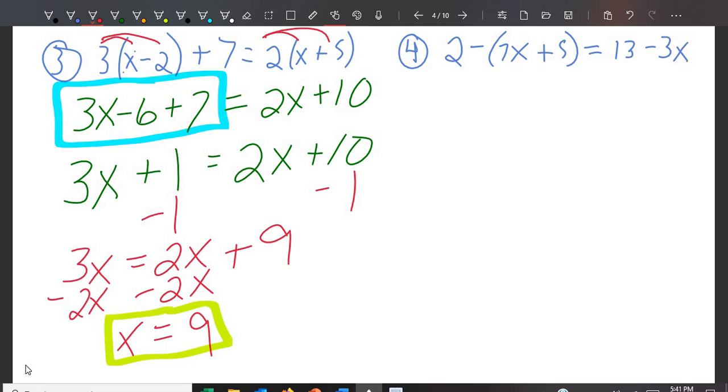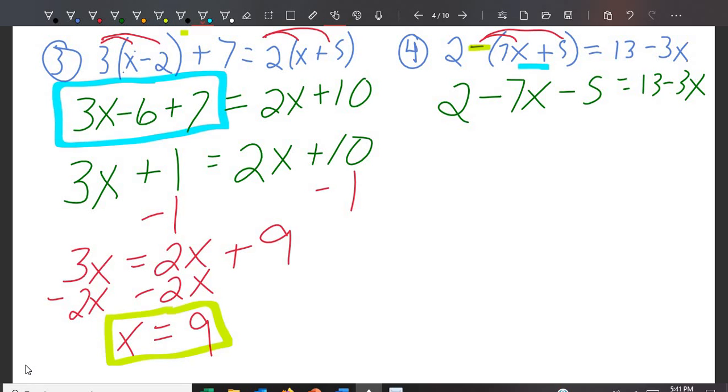Number 4 has a negative in front of the parentheses, which means we're distributing a negative sign. So be careful with that negative. So this will give me 2 minus 7x minus 5. On the right, I still got 13 minus 3x.